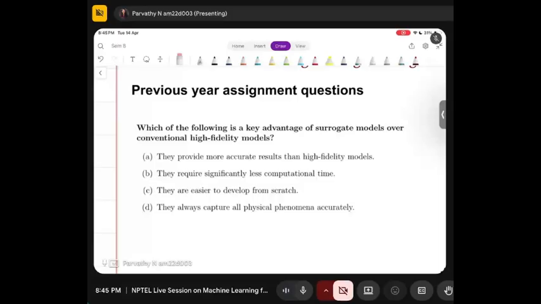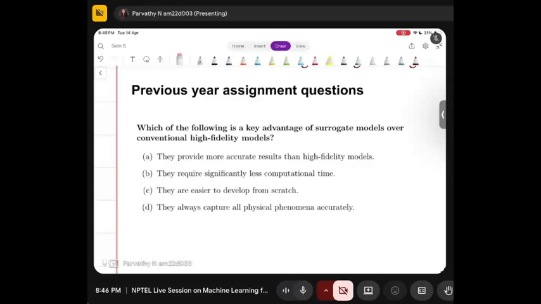High fidelity models are more accurate, but they are computationally expensive, making a surrogate model preferable for tasks like optimization and uncertainty quantification. So they require computationally less time.